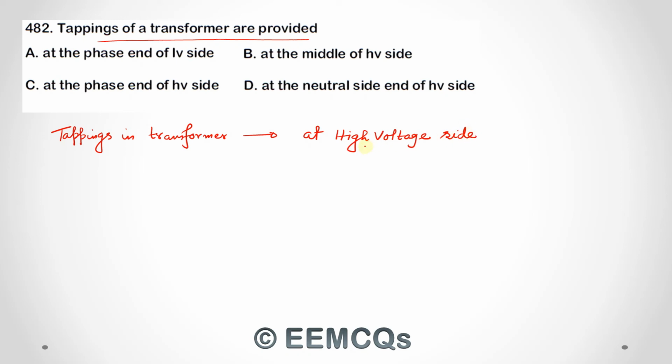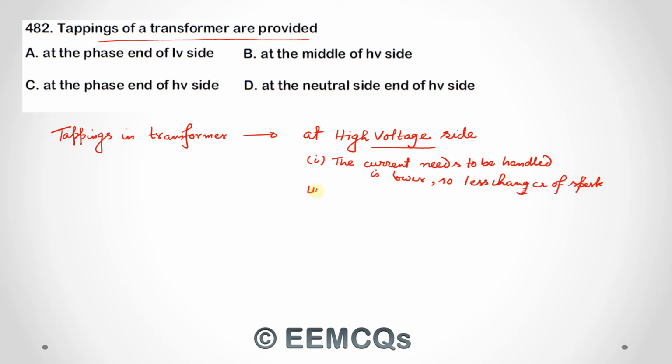Because if this is provided at the high voltage side, then number one, the current to be handled is lower, so less chance of spark, and also there are more number of turns at the high voltage side, so more precise control of voltage.